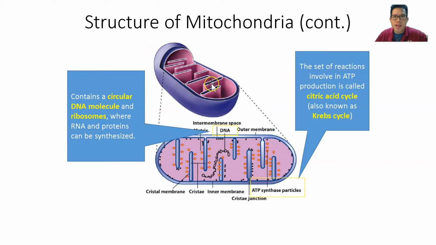You can see that they have a lot of units here. The reason for this internal folding is to create surface area, and each of these is an area where they convert the sugar molecules to the energy component called ATP.